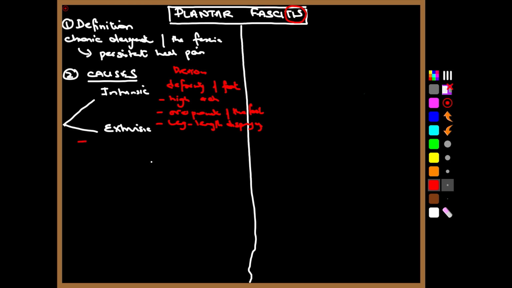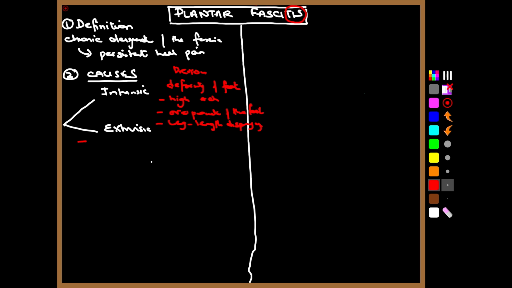The intrinsic factors are not what you'd see much in the GP setting, because if somebody's got a high arch, they'll already be under orthopedics, and that patient would have the diagnosis of plantar fasciitis via the specialist. And it's very unlikely that somebody with a chronic condition will come to the GP setting for heel pain, given that they'll have the orthopedics at the back of their hand.